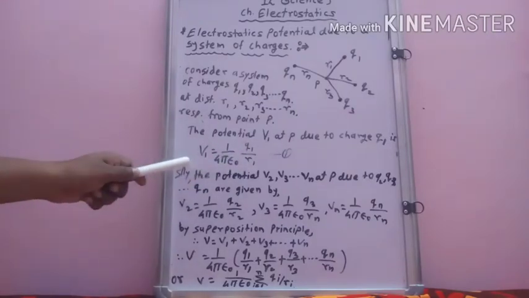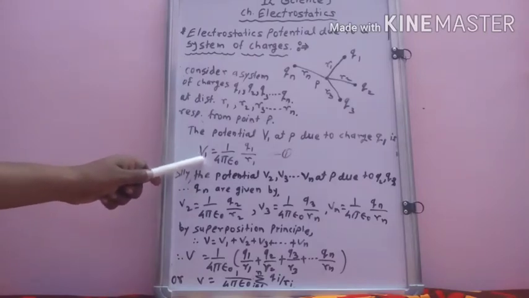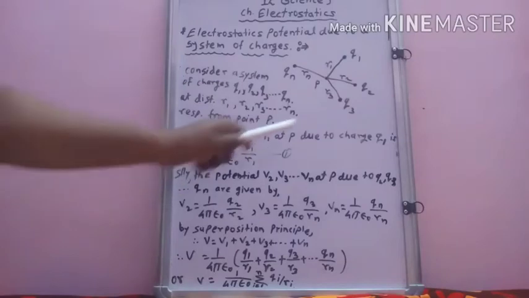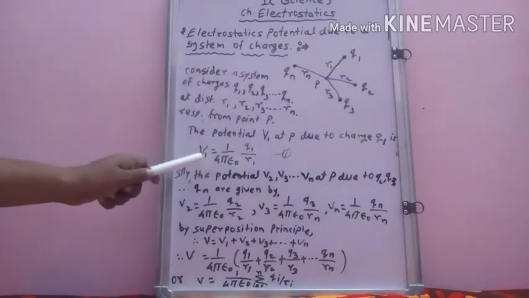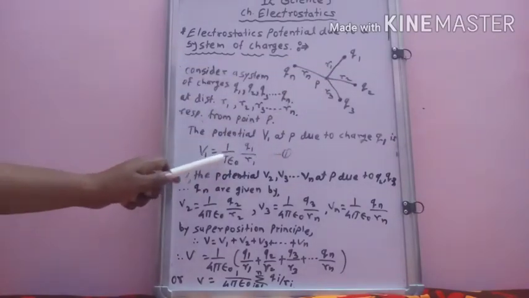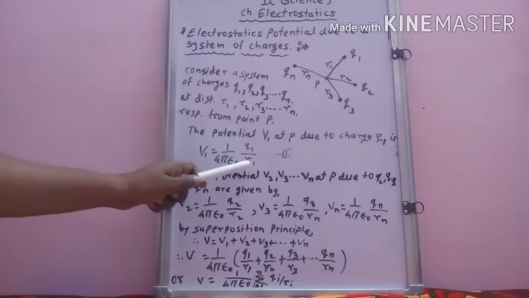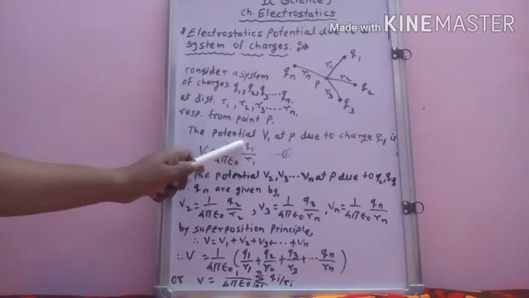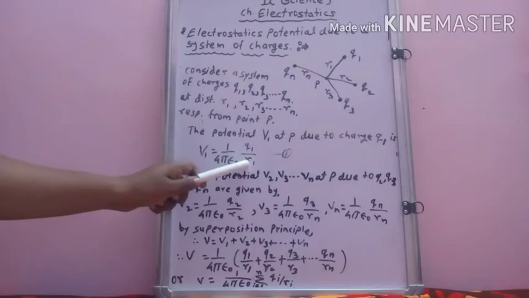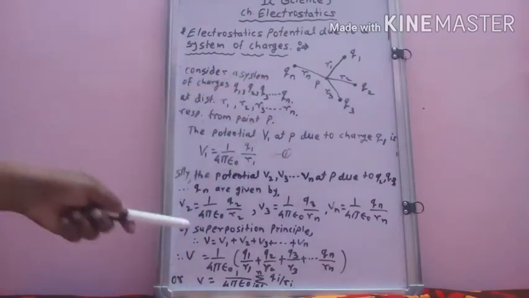This equation we have already studied. Q1 is the charge and R1 is its distance from the point P.